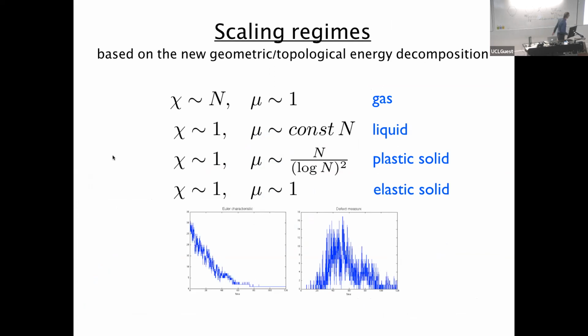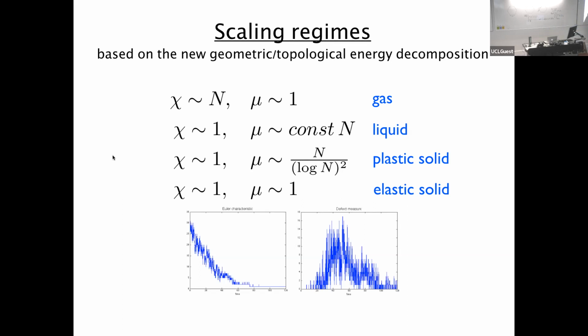So for example, since we have these nice invariants like the defect measure and the Euler characteristic, if the Euler characteristic is order n and there are no defects, so Euler characteristic order n tells you you have n connected components, that should be called a gas. Now it's a bit debatable what kind of liquid, or whether other phases; there are finer distinctions in the physics literature.